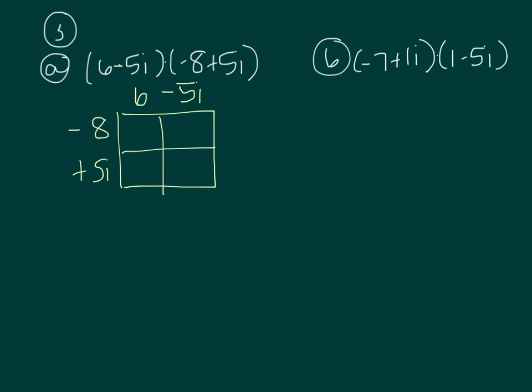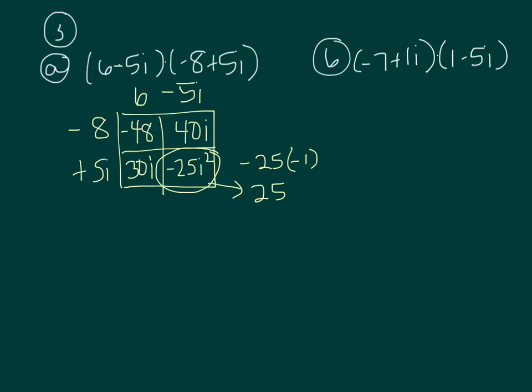So I'm just going to multiply these through. I get negative 48. I've got 40i, 30i, and negative 25i squared. So negative 25i squared is the same as positive 25 because i squared is actually negative 1. So negative 25 times negative 1 will give me positive 25.